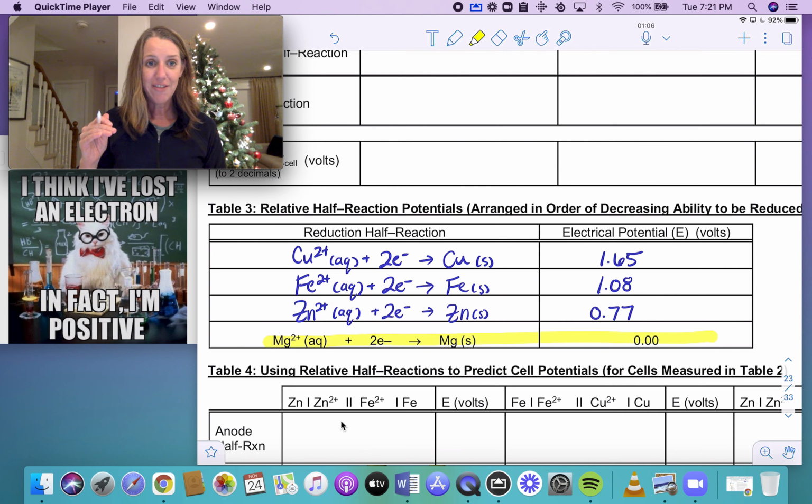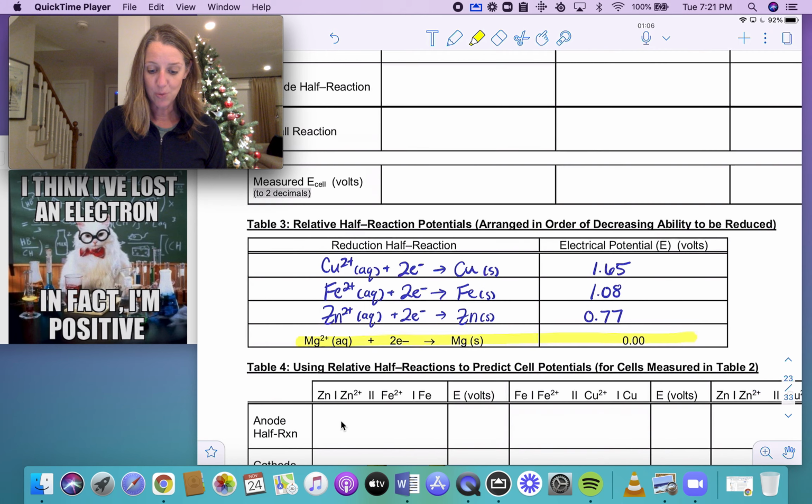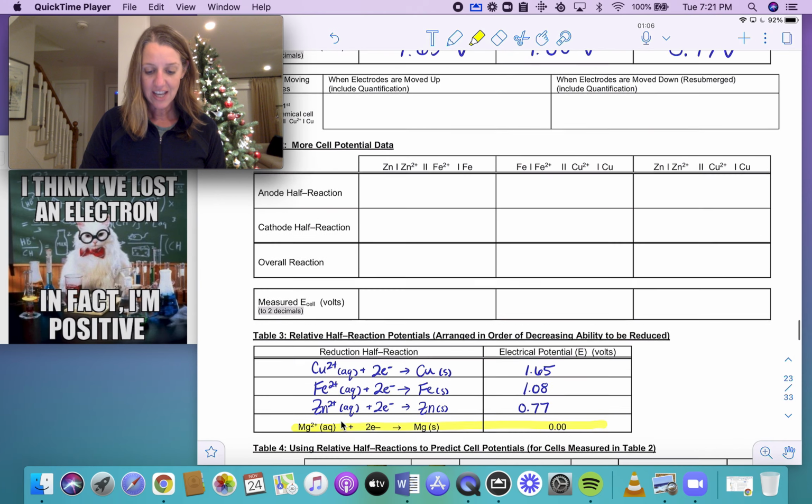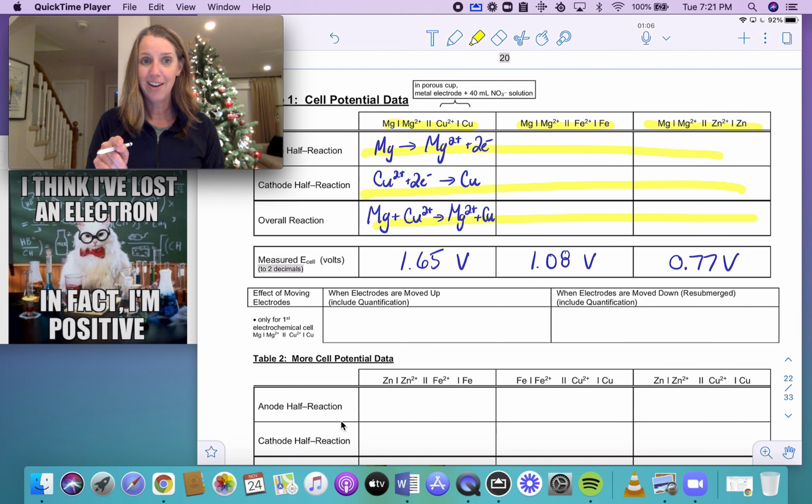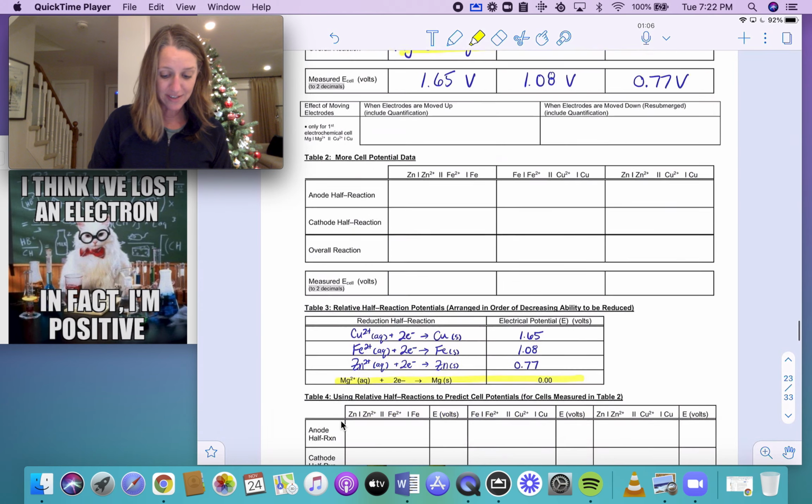This is not the value that you would get in the standard reduction potential table. I just want you to see where these values would come down, and the fact that if they were all compared to magnesium, which they are, you could figure out which one has the greatest potential of copper, iron, and zinc, because you're comparing them to the same thing. The one with the greatest value has the greatest potential to be reduced of those three. Okay? Ignore the rest of this.